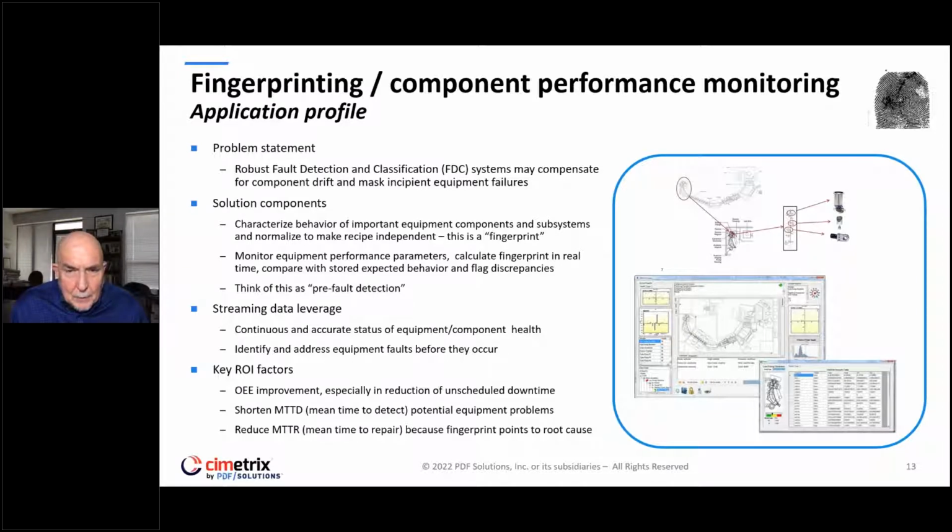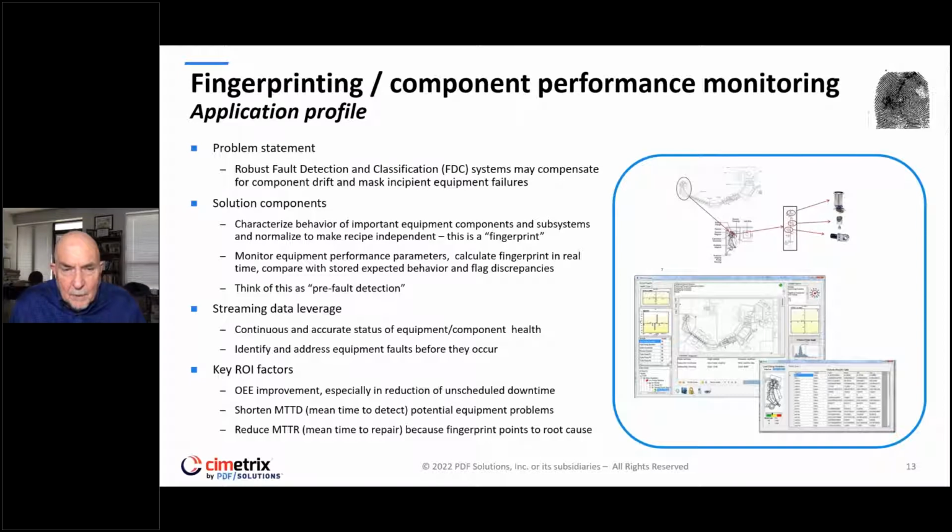And so the idea would be, let's monitor those things and look for drift in them to see if there are problems that may be happening down the road. One of the things that makes this particularly useful is that today's fault detection and classification systems and run-to-run control systems are going to compensate for component drift to make sure that the actual process set points are being achieved.